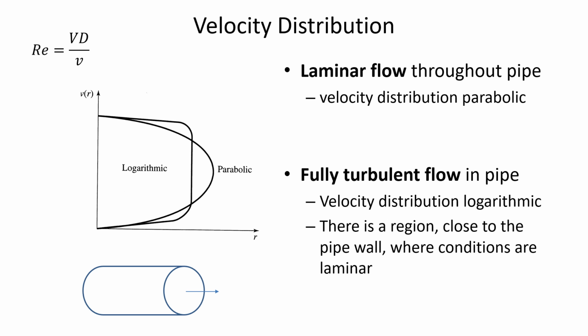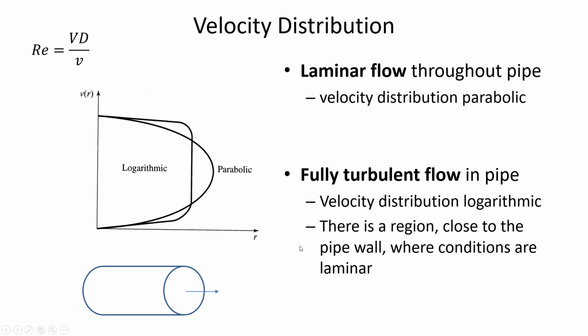If flow conditions are turbulent, it's going all over the place in its gradual movement towards the right. There's a lot more randomness, and because of that, the velocity distribution is more flat around the center, and of course it still tapers to zero at the edges because of the no-slip condition.